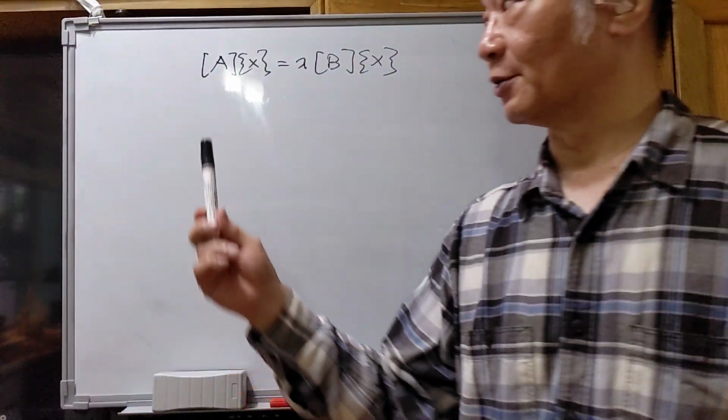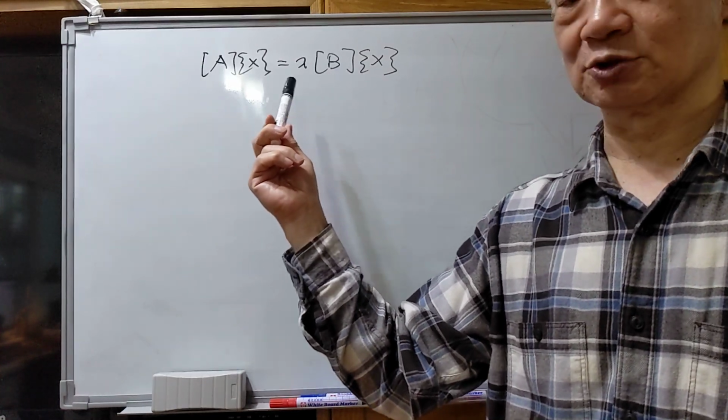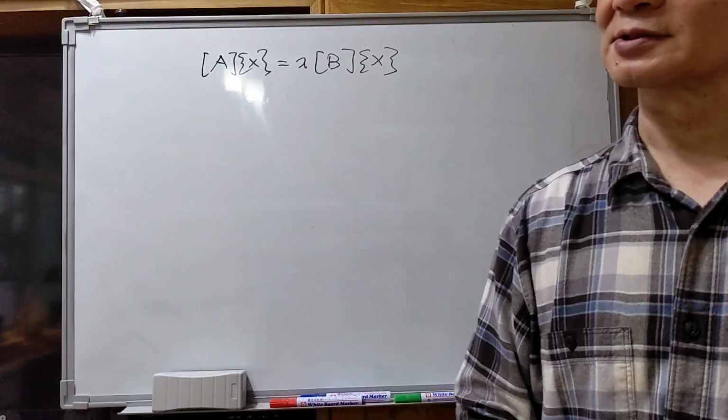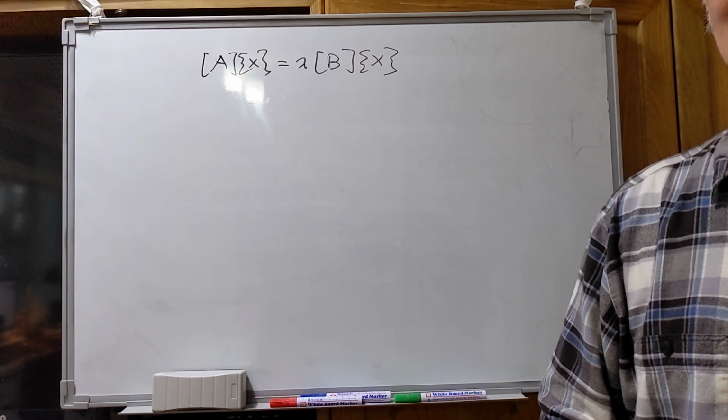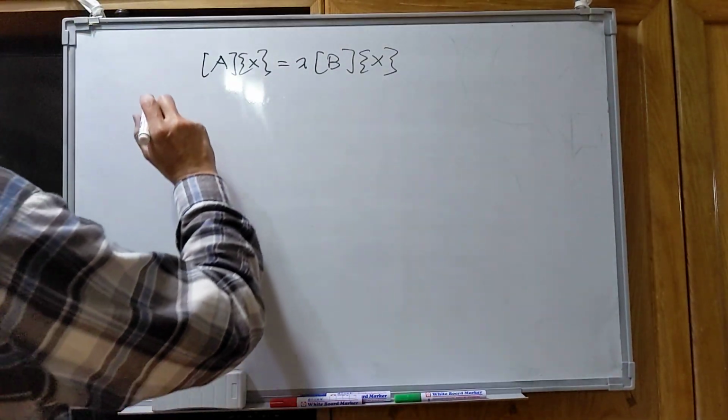So we have both matrix A and matrix B on both sides of these equations. And the next solution method is called the vector iteration method.